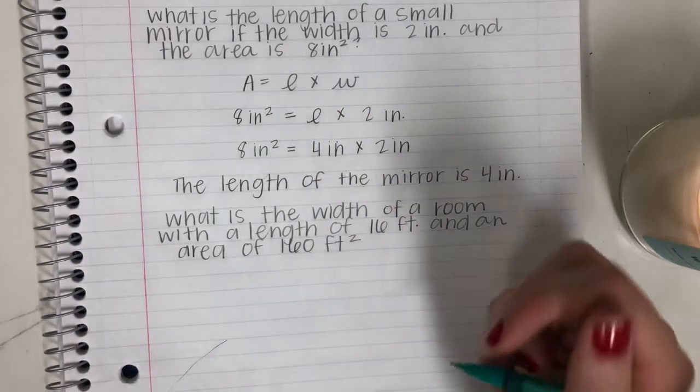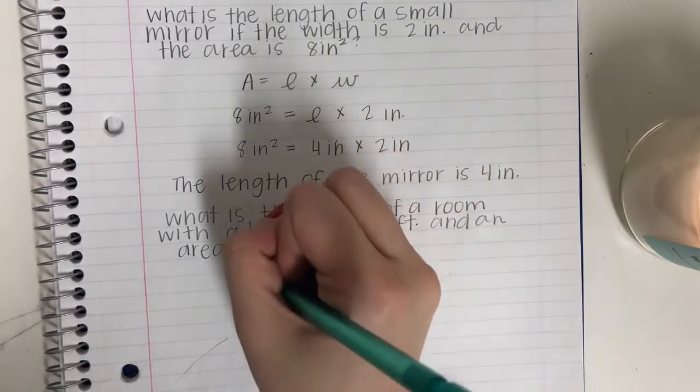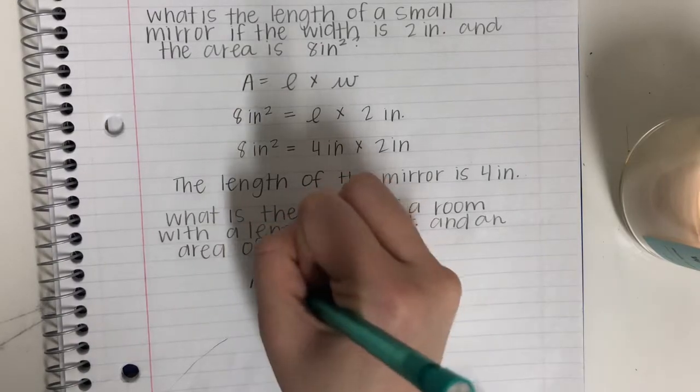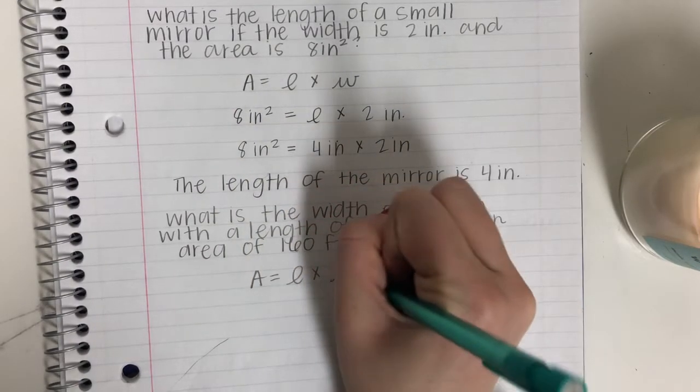So the first thing I'm going to do is write my formula. So A equals length times width.